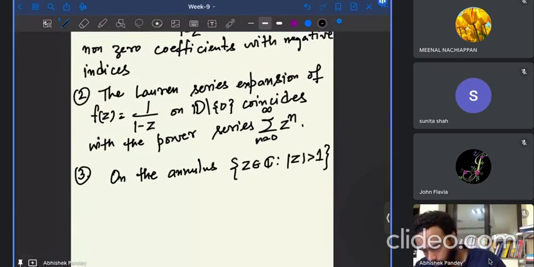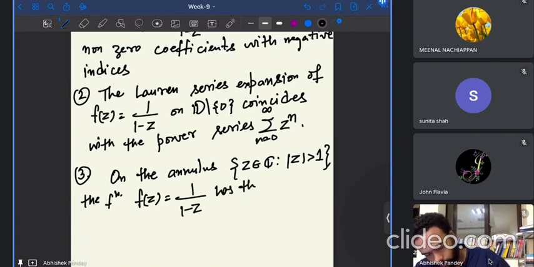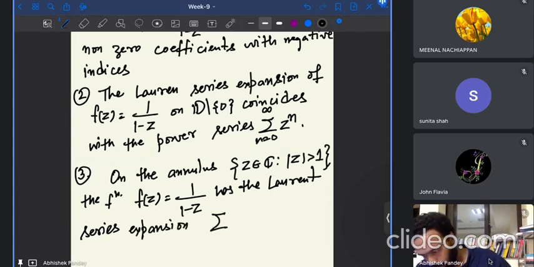In this annulus, the function 1/(1 - z) has the Laurent series expansion summation n equals minus 1 to infinity z to the power n.